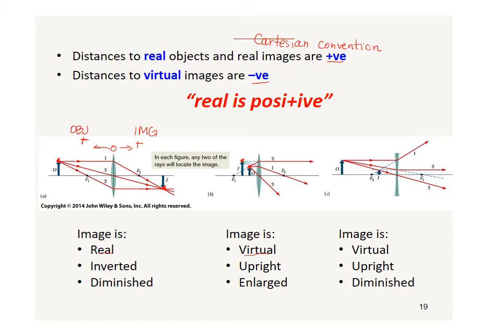So in this middle example, you can see that the distance from the optical axis to the image point is greater than the distance of the optical axis to the object point, whereas in another situation you'll find that the distance from the optical axis to the image point is less than the distance of the object point to the axis.